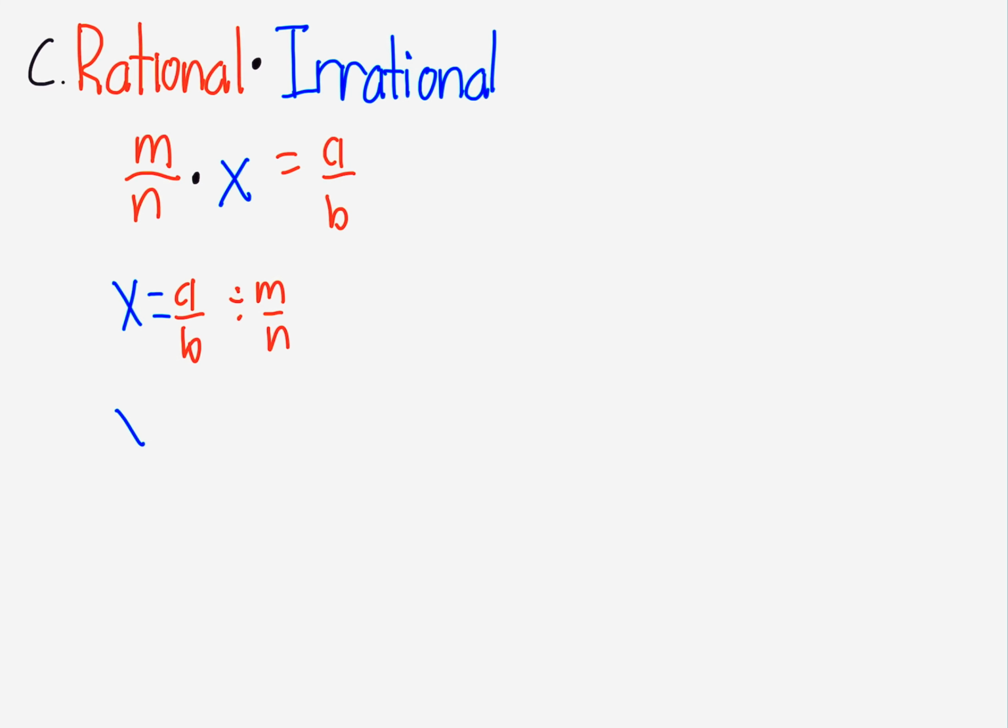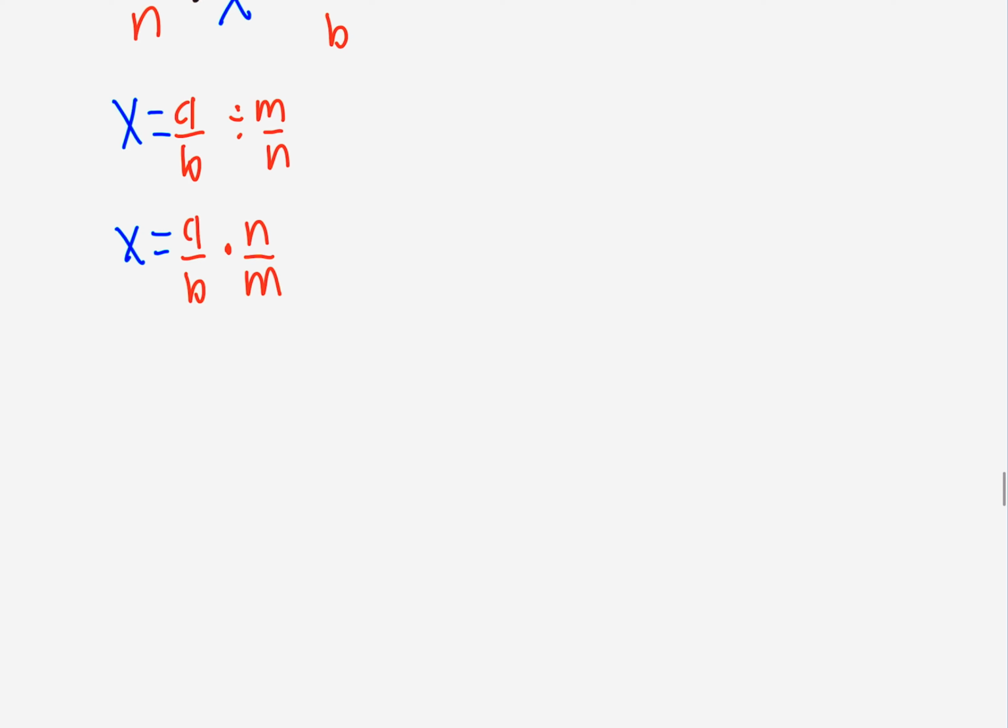We can rewrite this as x is equal to a over b times n over m. And this, as we can see, will simplify down to an over bm. And as we said earlier, multiplying two integers together is only going to give you another integer. And so an is an integer and bm is an integer.